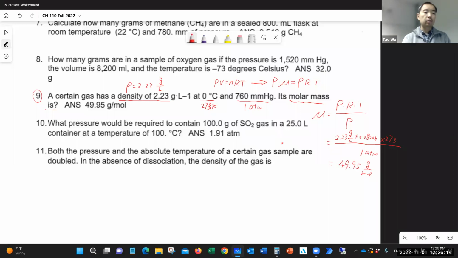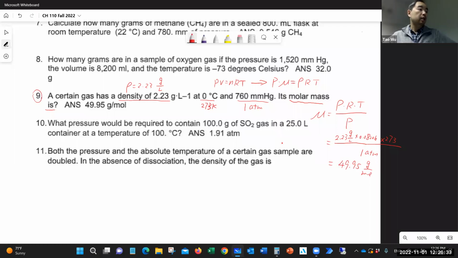So generally, this is pretty much what we talked about for today. I know today we talked about a lot of laws and variations of the ideal gas laws. But as long as you know the equation, you should be able to solve the problem.